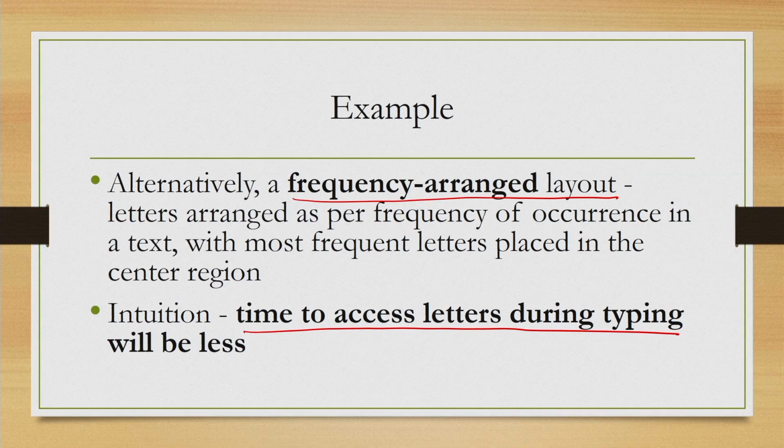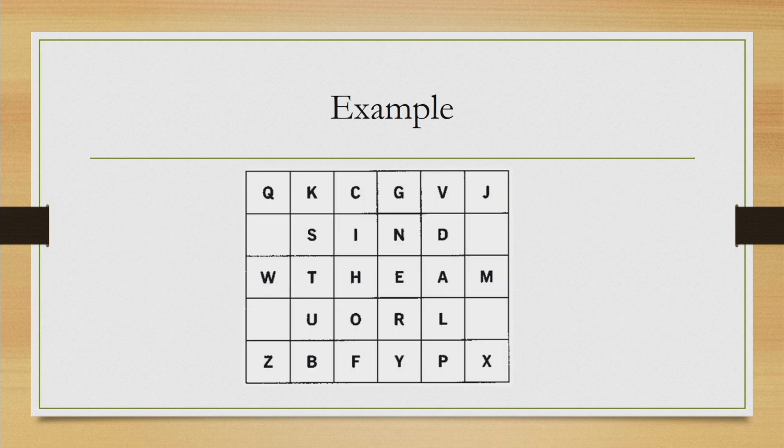Let us see one example of a frequency arranged layout with these 27 keys. The layout shown here is one possibility, and the arrangement is based on the unigram distribution of English letters obtained from a written corpus of the English language.